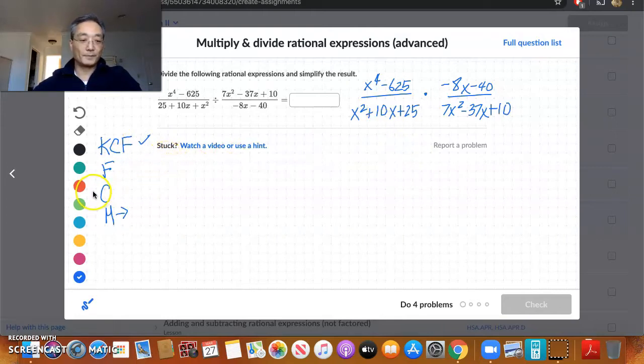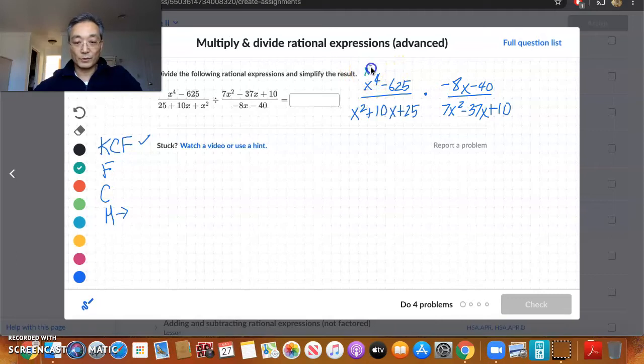Now let's factor. I'm going to factor in a different color here. Now this is a perfect square, correct? It's x squared squared, so it is a perfect square. And this 625 is 25 squared, so that's a perfect square.